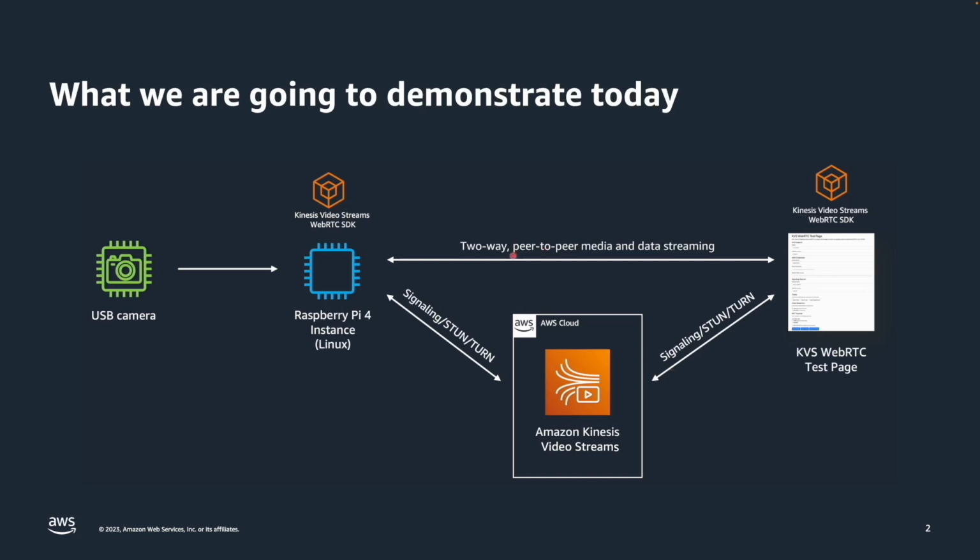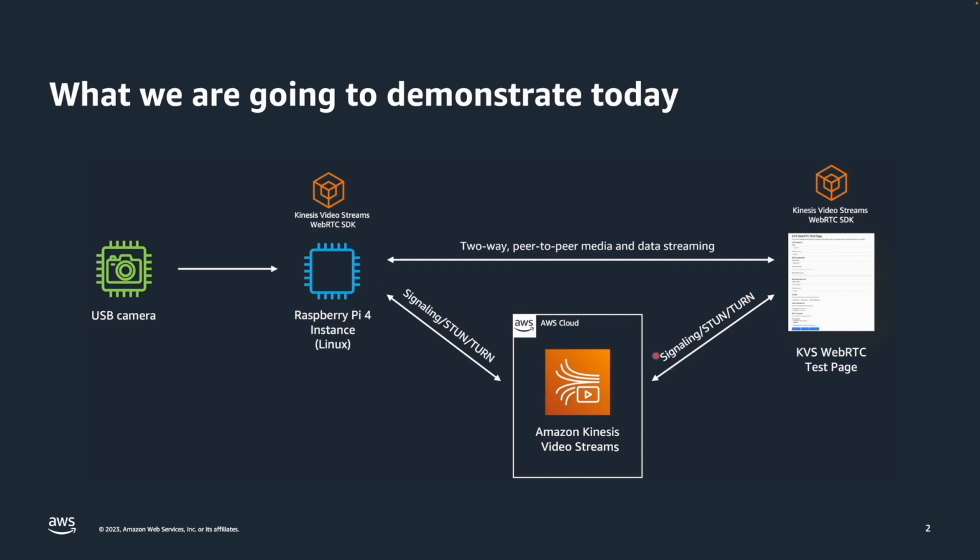In one case, the communication could go via peer-to-peer for the scenarios where both clients are not blocked by network or firewall rules that are blocking the peer-to-peer protocol, or they will relay their communication through the TURN relay server relying on Amazon Kinesis Video Streams. In today's video, we will demonstrate both scenarios, with peer-to-peer and also with the usage of TURN. In one case, forced by the Raspberry Pi, and in the other case, forced by the WebRTC test page.